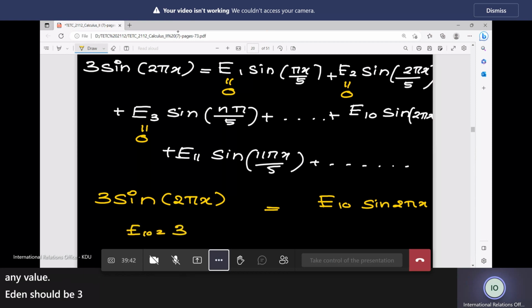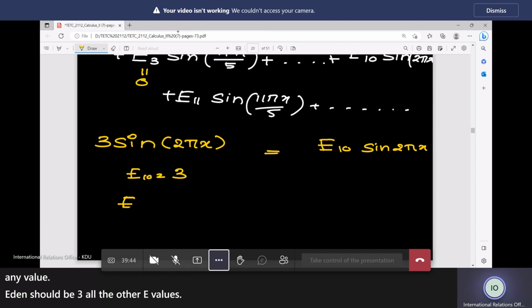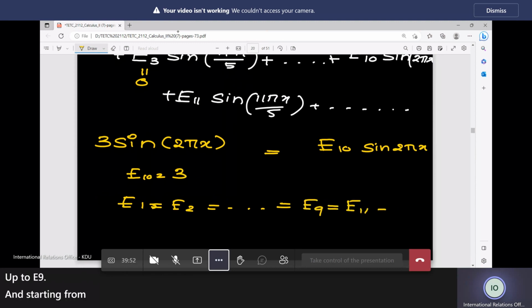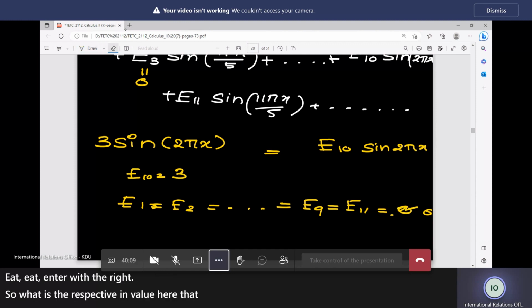All the other e values, e_1, e_2 up to e_9 and starting from e_11, all the terms are equals to 0. මෙතන වැලියු එකක් පවතින්නේ e_10 ට විතරයි. So what is the respective n value here that we have identified?